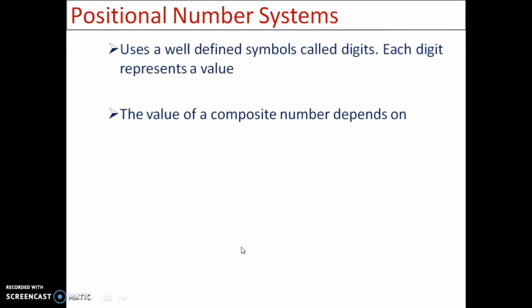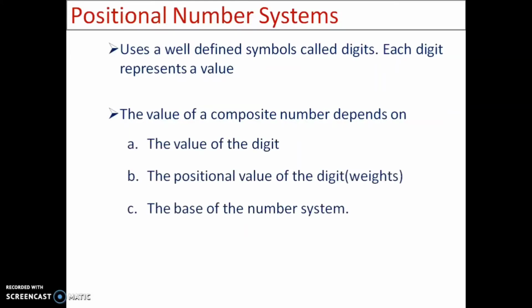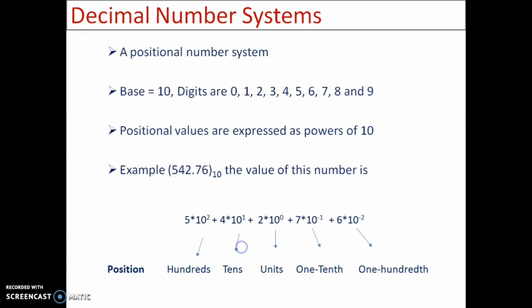Then what are positional number systems? They have positions like unit position, 100 position, 1000 position. The composite number depends on the digits, the positional value of the digit, nothing but its weight, and also the base of the number system. Let us move to the positional number systems.